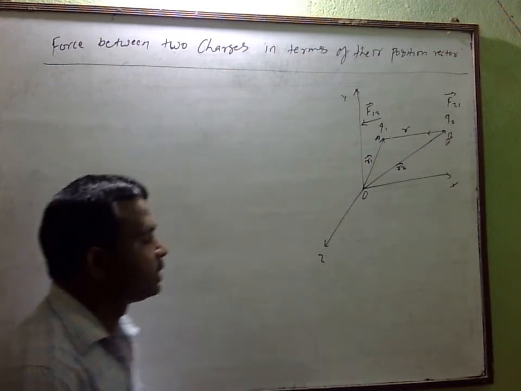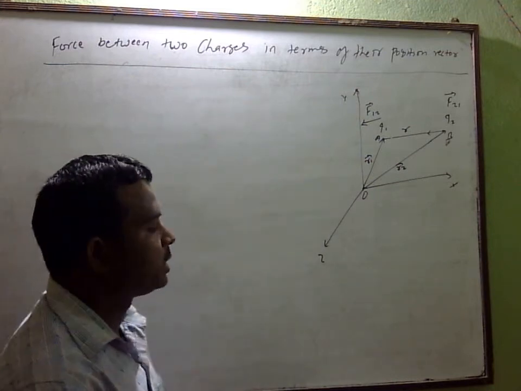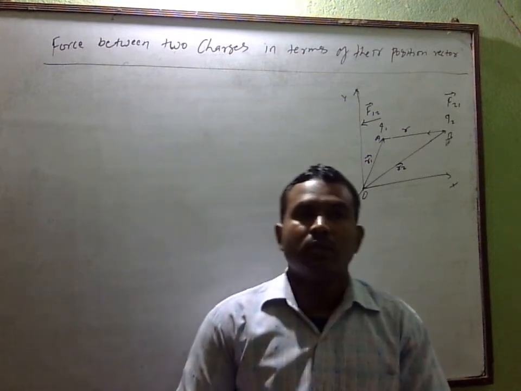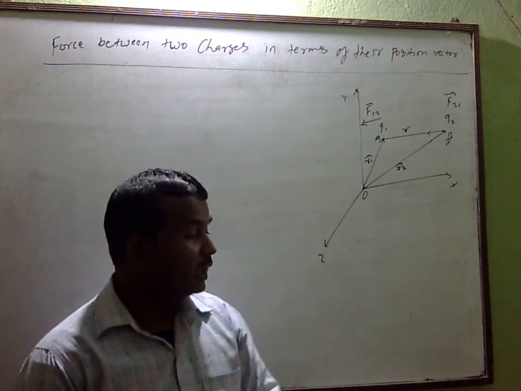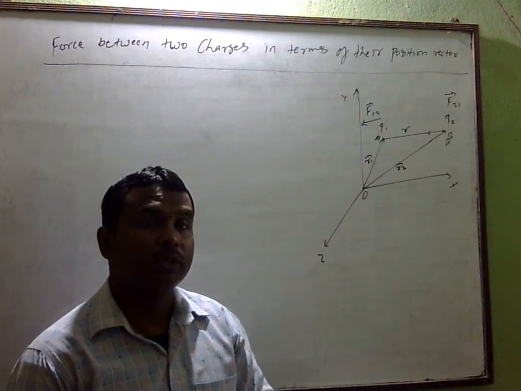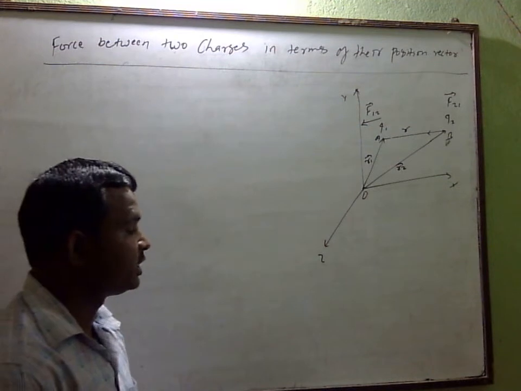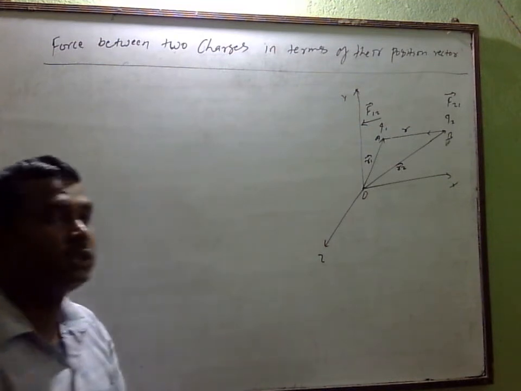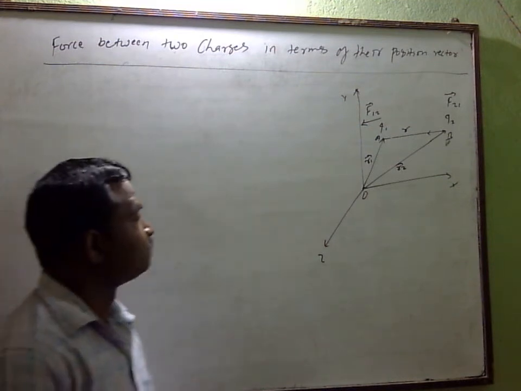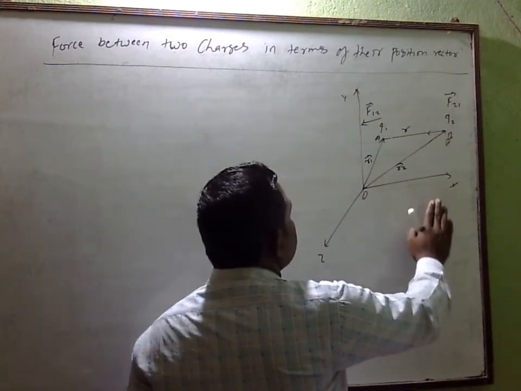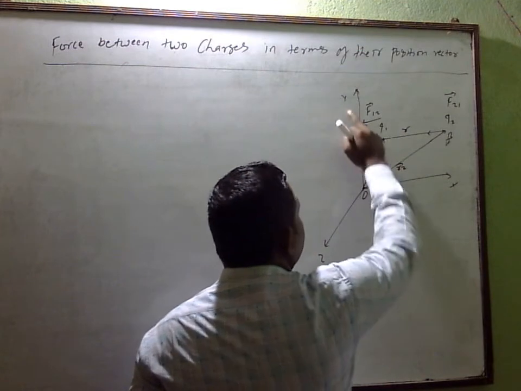Now you see that I have taken the coordinates here. In class 11 you already studied coordinates, in the motion chapter, motion in a plane. So now I have the coordinates x, y and z.